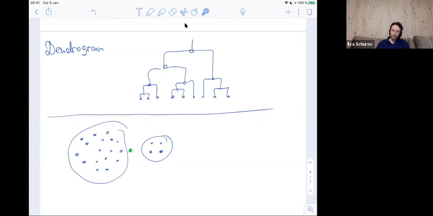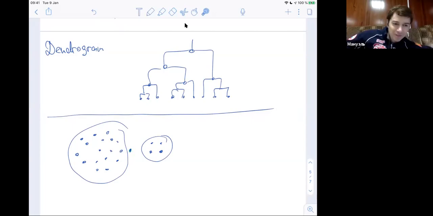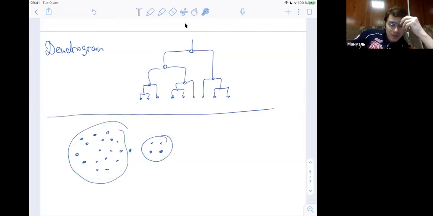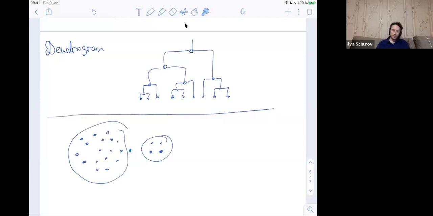How do you think? Good question. So we can append it either to the left cluster or to the right cluster. The criterion is the distance with respect to the centroid or not? Yeah, actually we can measure distance between this point and this cluster in different ways.